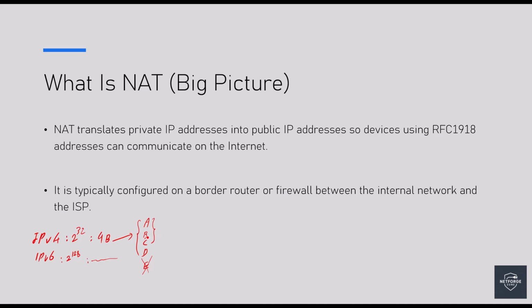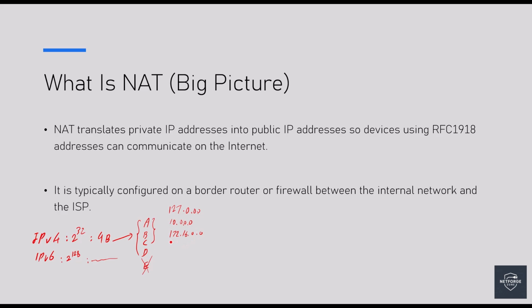And from these 3 ranges, we have some reservations as well. So we do not really use the whole 127 block. This is reserved. We don't use anything from the 10 block because this is used for private. 127 is used for loopback, and then we don't use anything from 172.16.0.0.